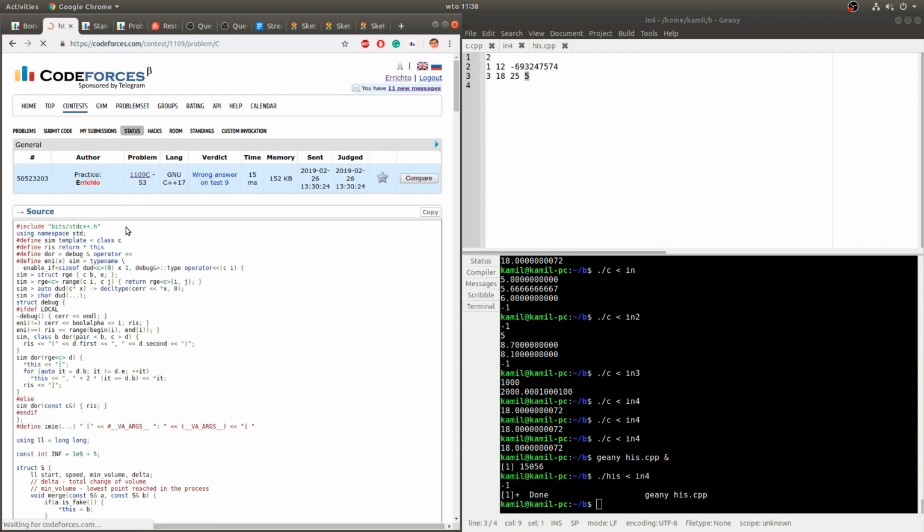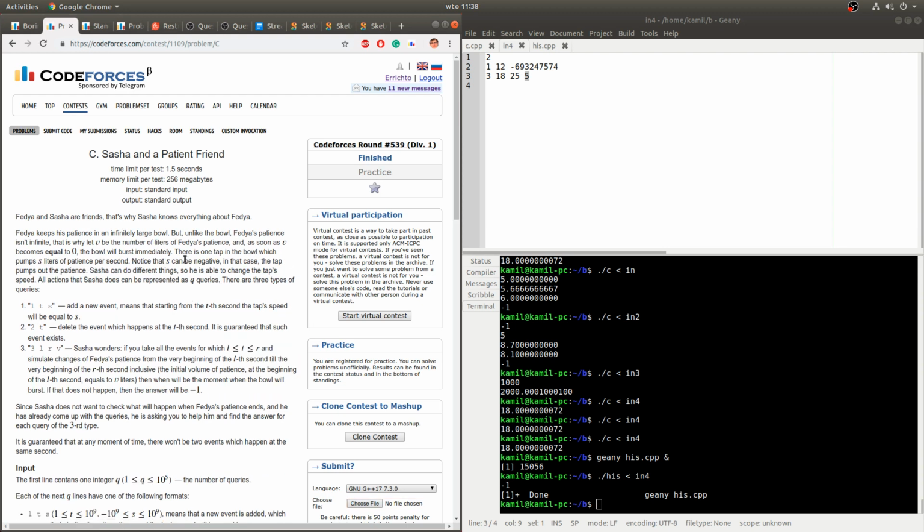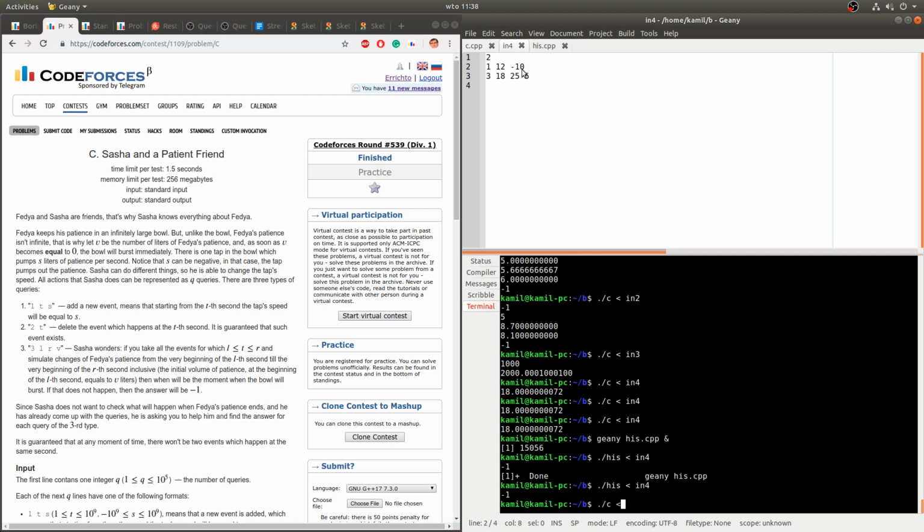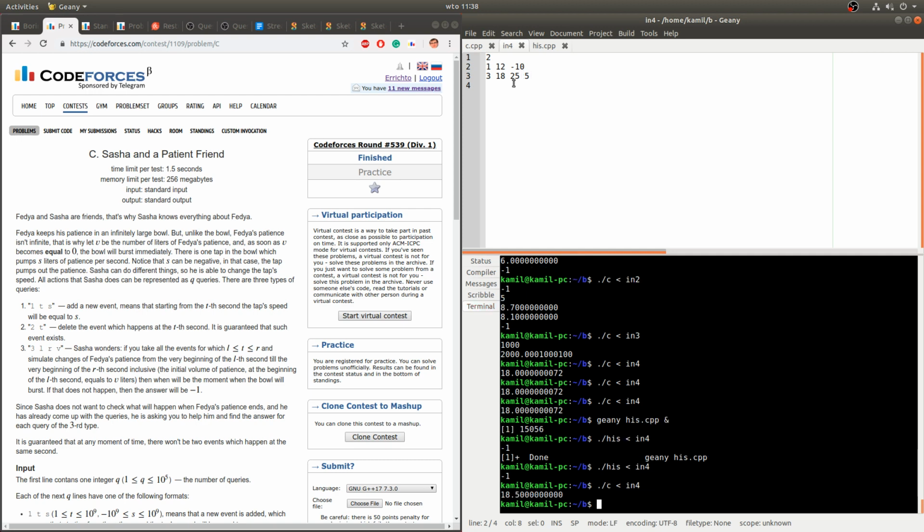I think I should read the statement. What happens if here it's -10? I think it should be 18.5. If we pump with -10, then it will become 0 after some time.